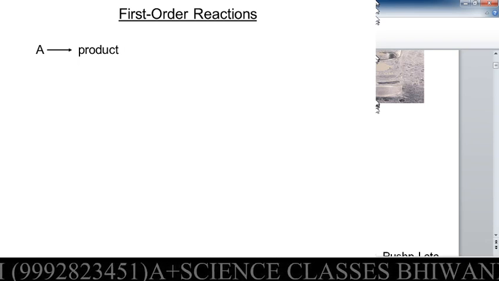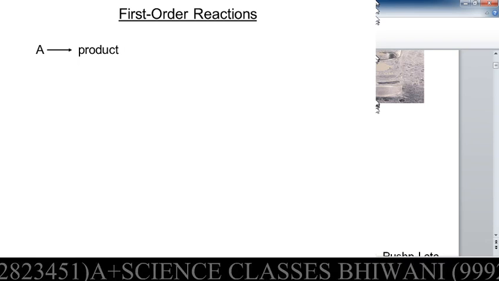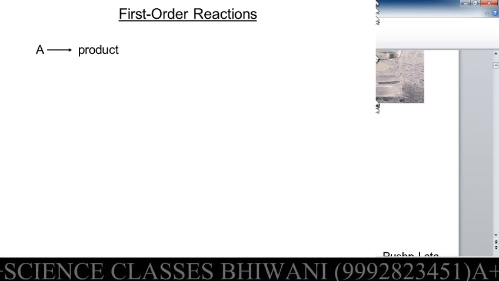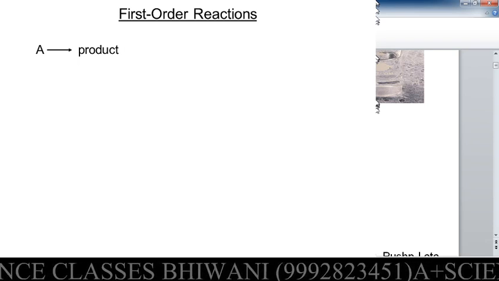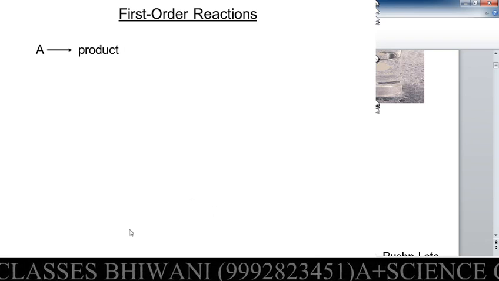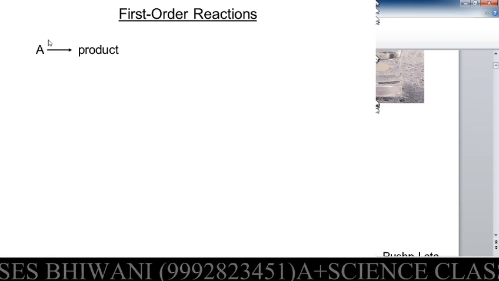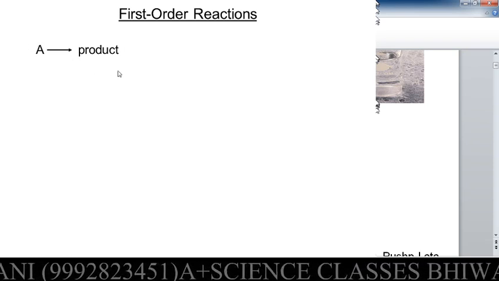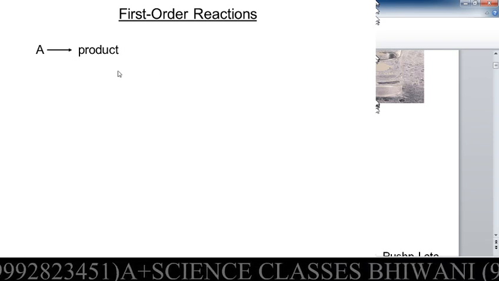At that time you may say that the reaction is directly proportional only to the concentration of one reactant and is considered first order. So this one is the simple representation of first order, whenever a reactant gets converted into product.